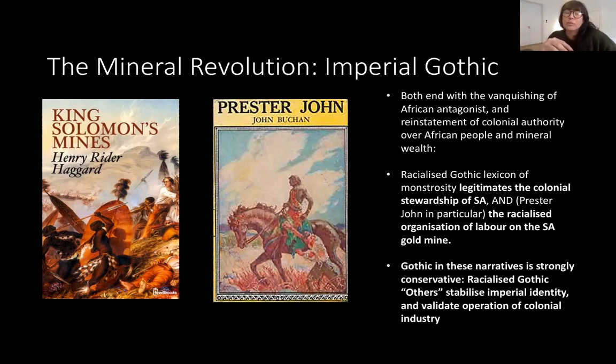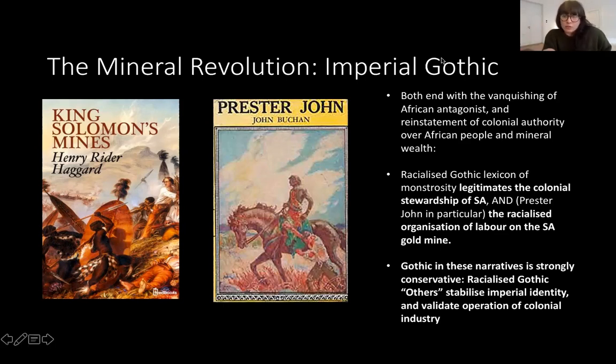So there was no radical uprising around about this time, which unsettled the mining industry or did literally prevent colonial powers from accessing gold and diamonds, which suggests that these figures are ciphers for something else, right? Ciphers for a different kind of anxiety.